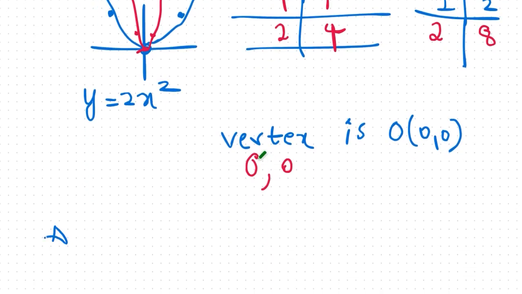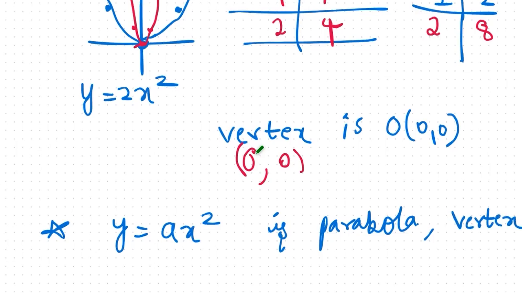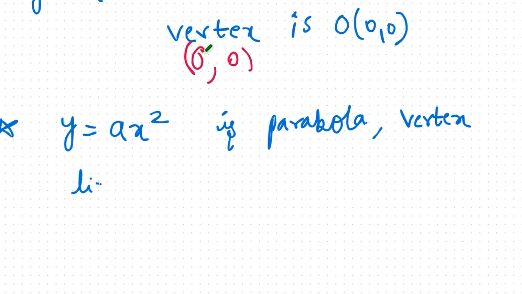So in general, if we say y is equal to ax square, the graph is a parabola and the vertex lies at the origin.